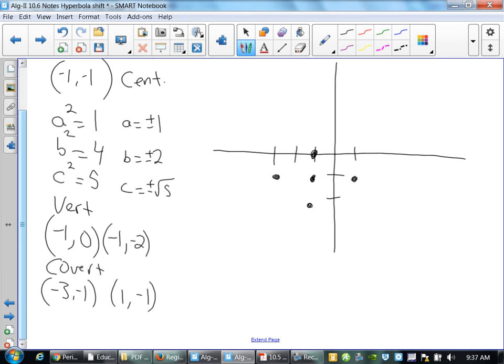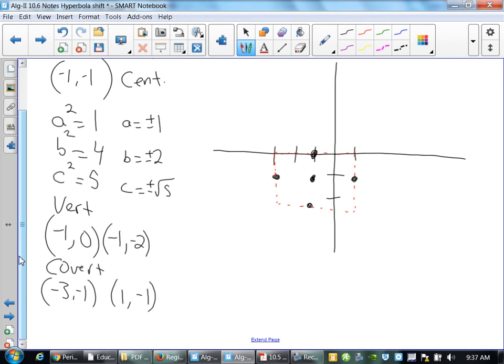Make your rectangular box now. Through that rectangular box, the diagonals create your asymptotes.